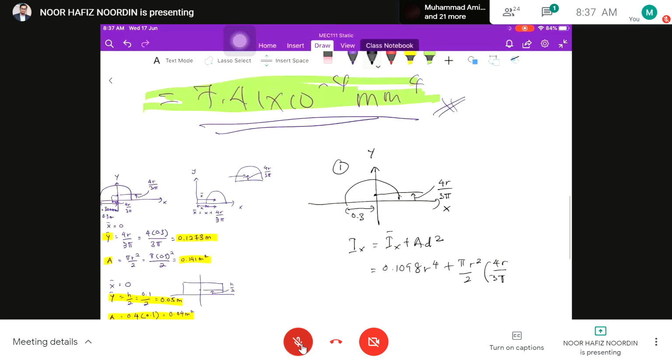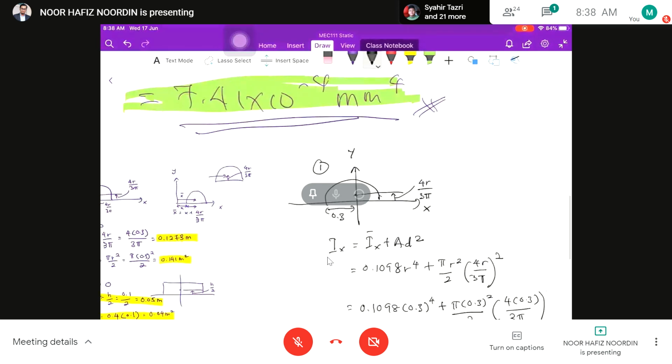And then power of 2. So kita replace the value of radius 0.3 tadi tu. 0.3 power of 4 plus pi 0.3 power of 2 divided by 2 times 4 times 0.3 divided by 3 pi. Then power of 2.